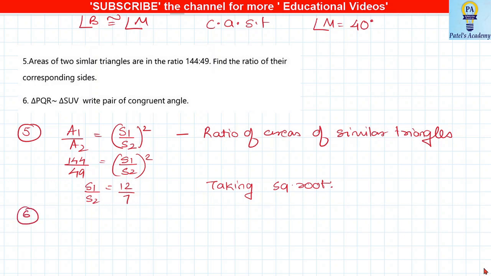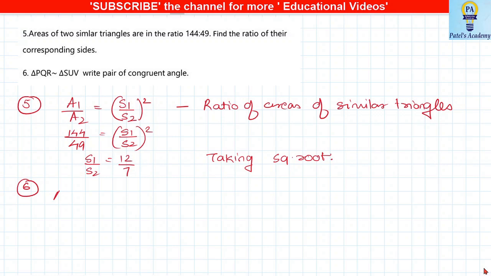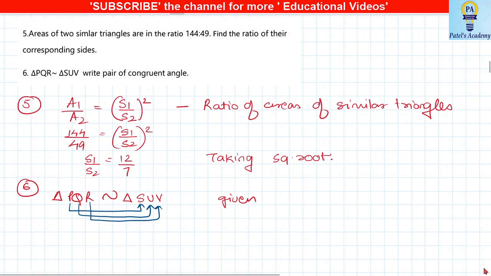Okay, so here what they have given is triangle PQR is similar to triangle SUV. That is given to us. Write down the pairs of congruent angles. When we are writing the pairs of congruent angles, we have to go in the correct order, that is P and S, Q and U, and R and V. So in this order we are going to write down.